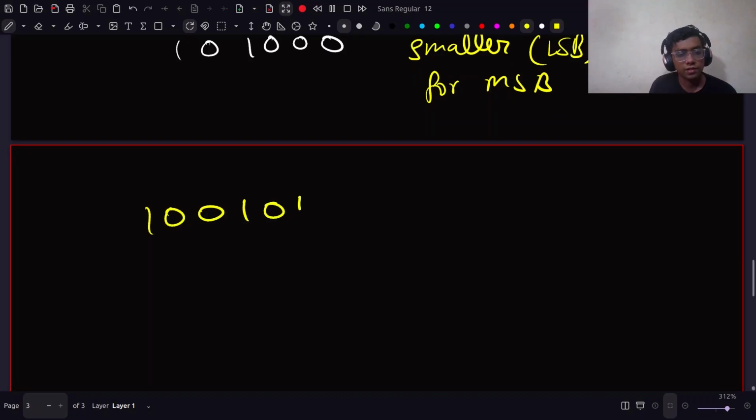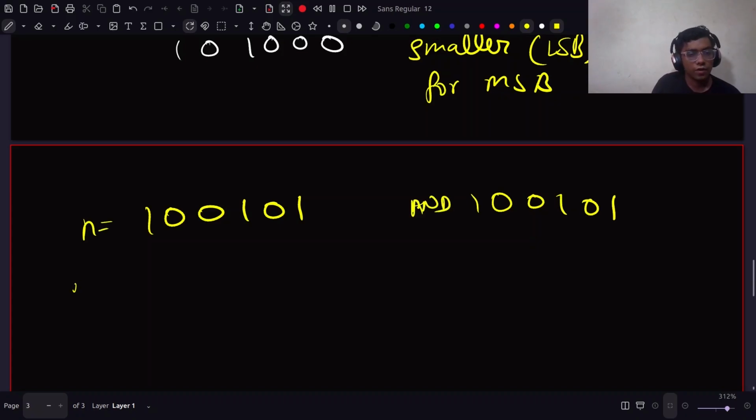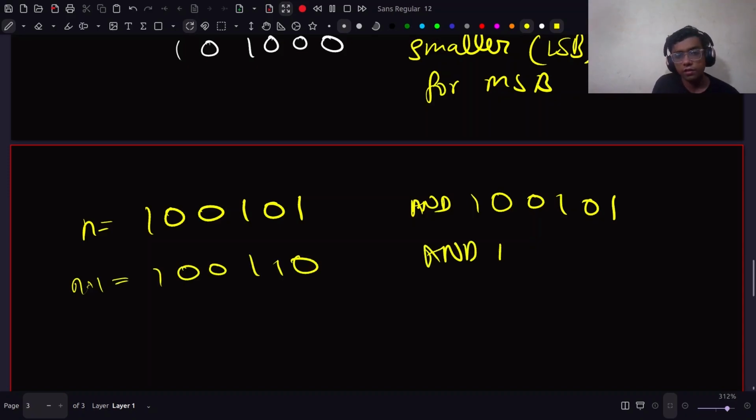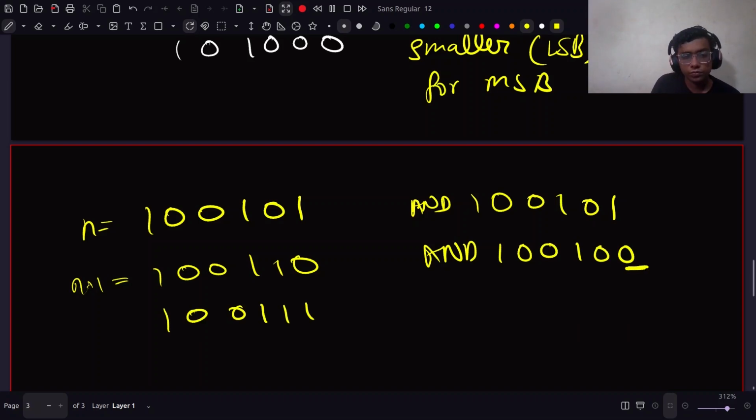So even if you take this example, here the AND is equal to this, right? So this is our N and this is our current AND. Okay. So then if you have N plus 1, we get something like this. If you take AND, then one bit has vanished, right? This bit has vanished. Now if you keep going, we get this. The AND is still equal to the same value; AND did not change.